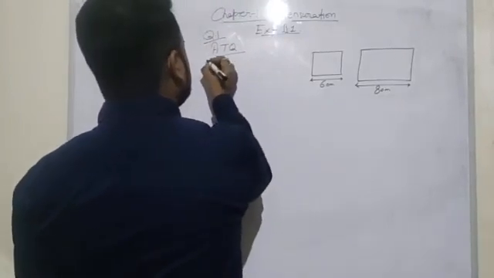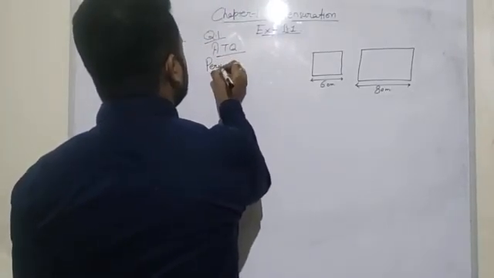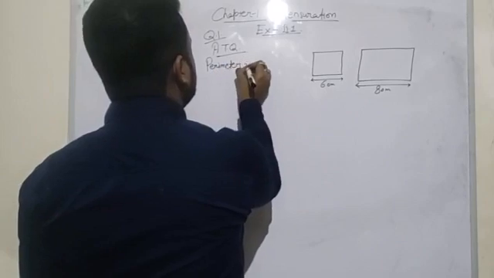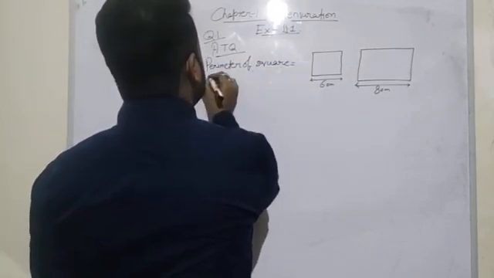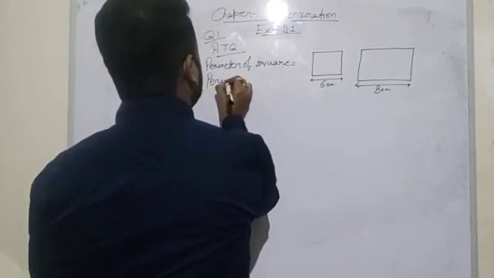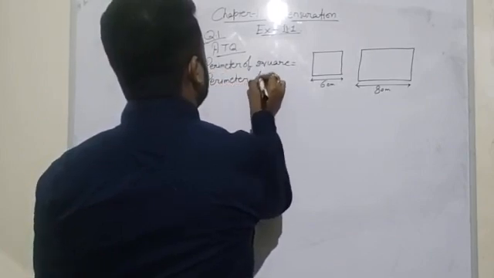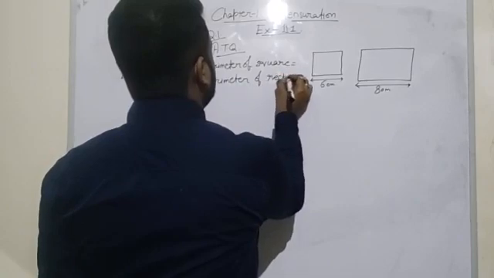So here, according to the question, it is given that perimeter of square is equal to perimeter of rectangle.